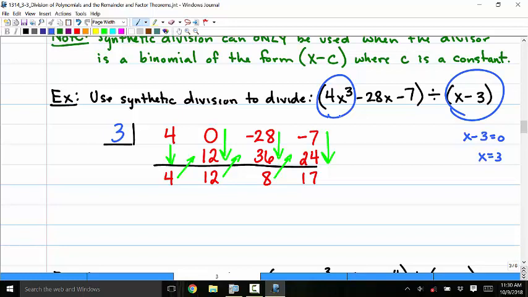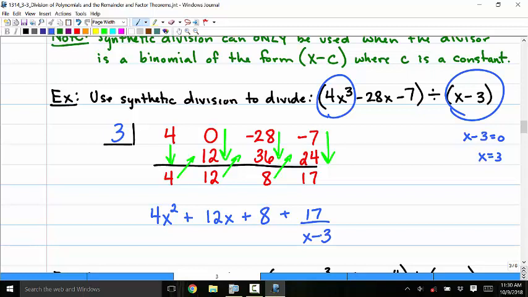So now we need to decrease the power of x by 1. And your answer is going to be 4x squared plus 12x plus 8 plus 17 over x minus 3. You have to decrease the degree by 1.